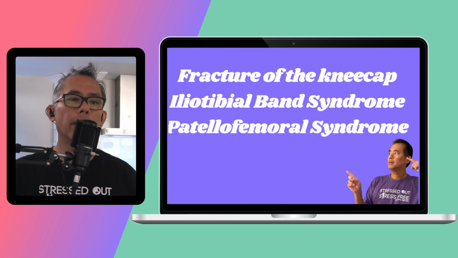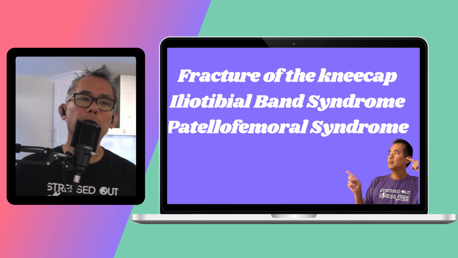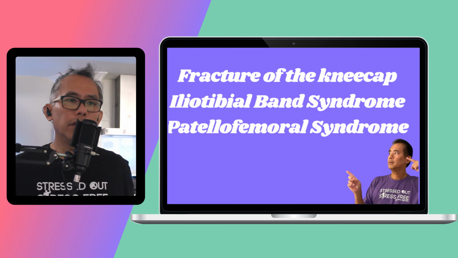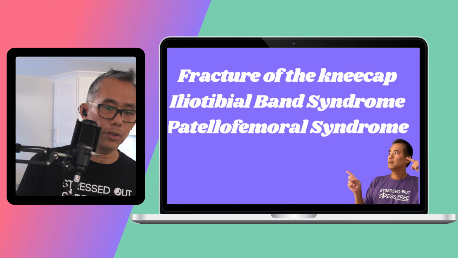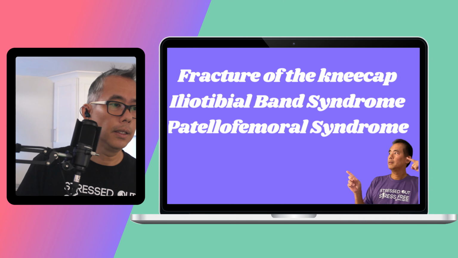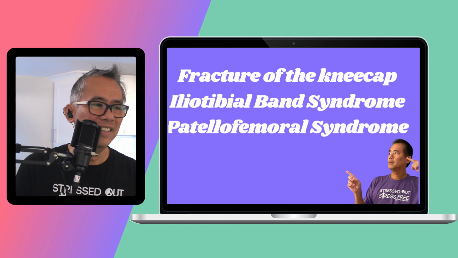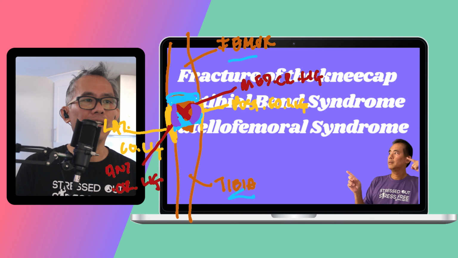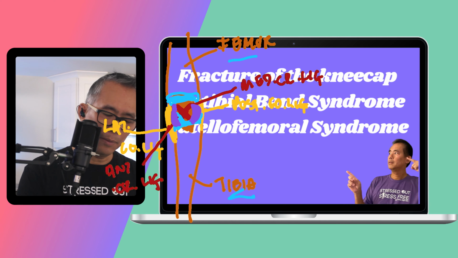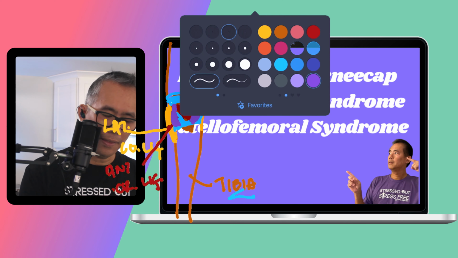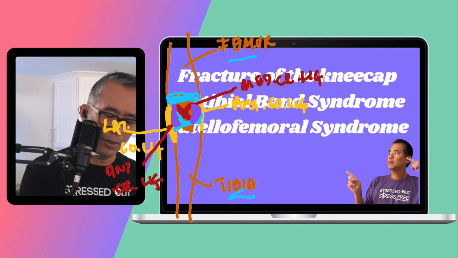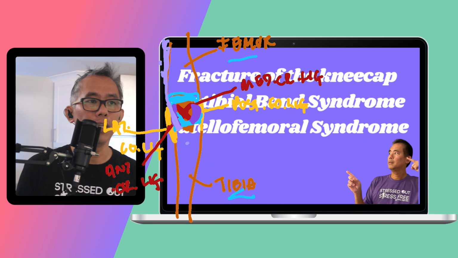And then also we have the iliotibial syndrome. The iliotibial is a thick side ligament that runs from all the way on the side of the thigh to the head of the tibia.